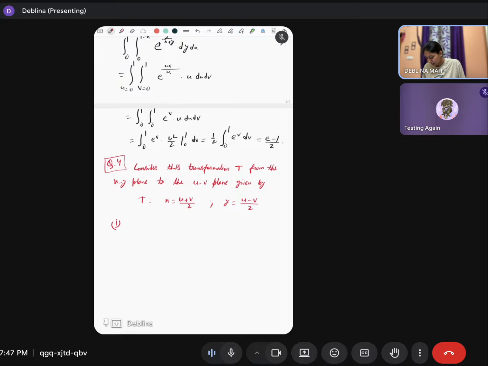First calculate the Jacobian of the transformation T.